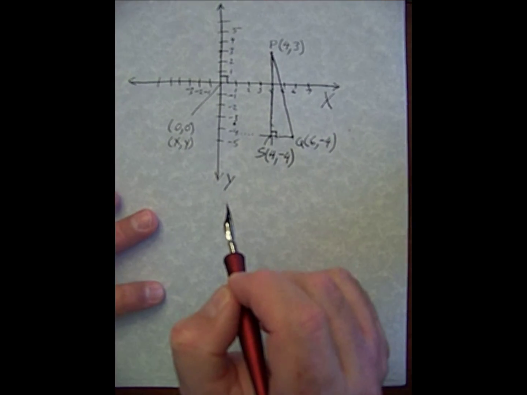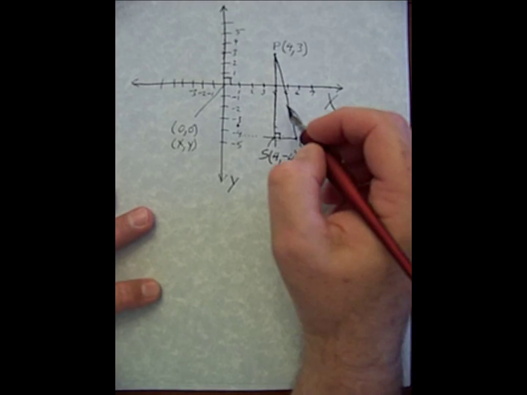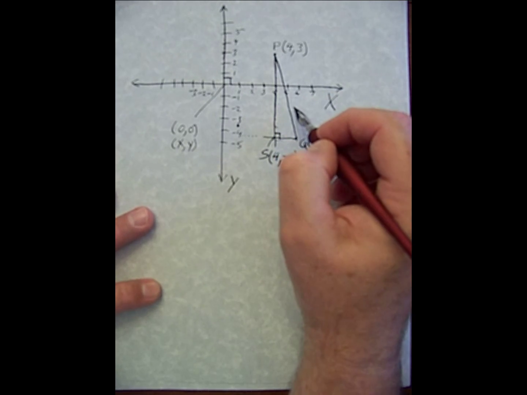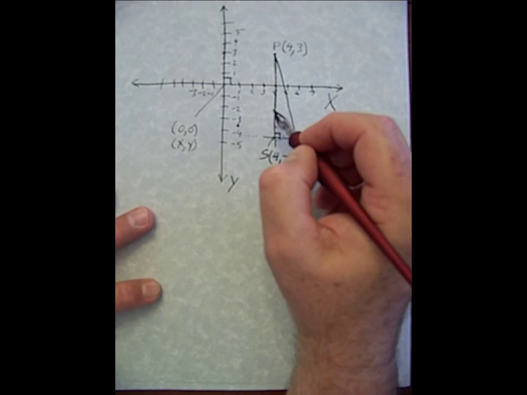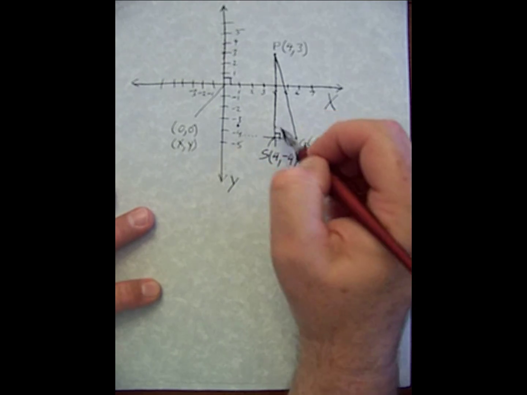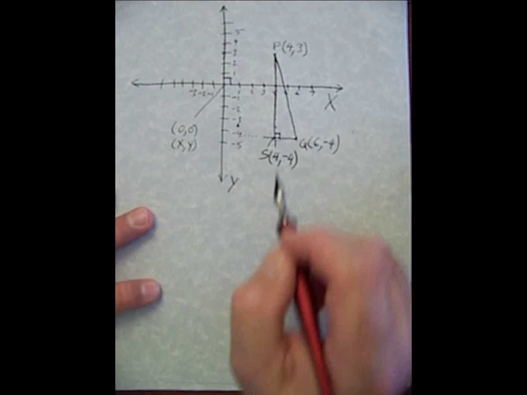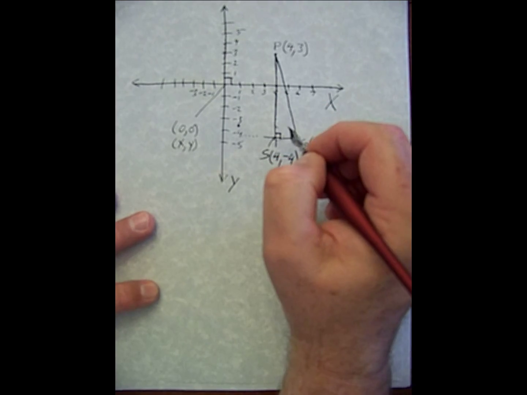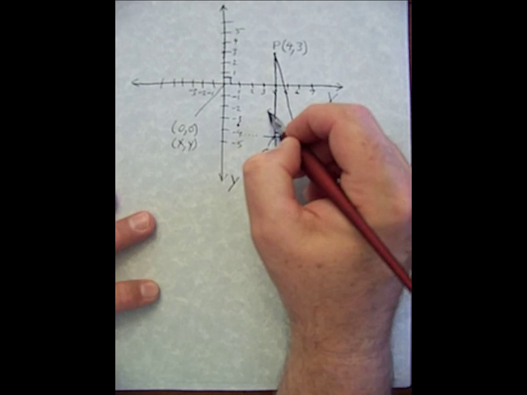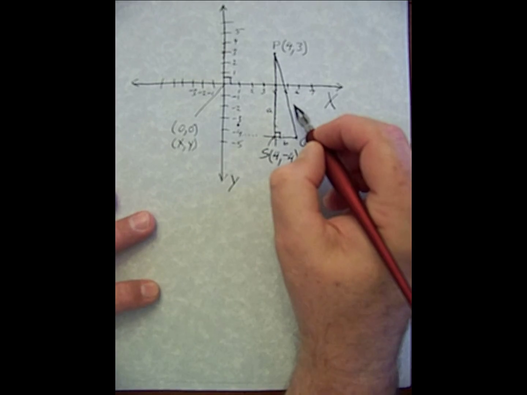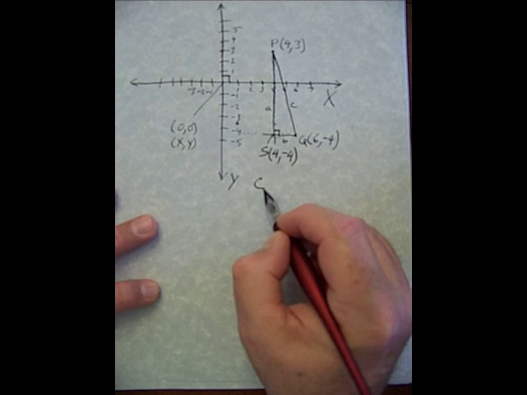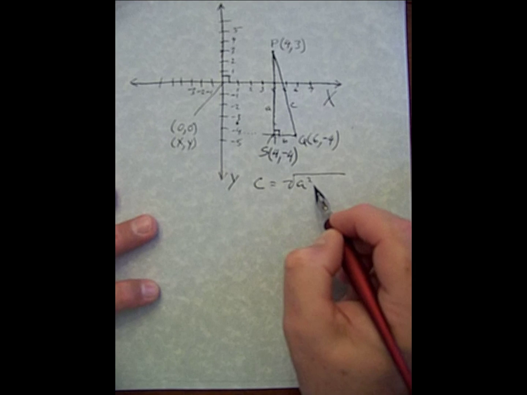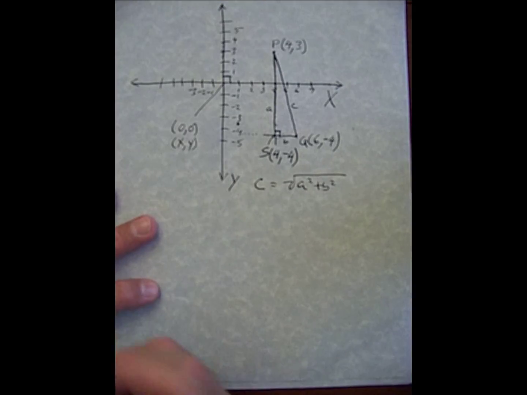And we remember from simple geometry that in a right triangle, the length of the hypotenuse is equal to the square root of the sum of the squares of each side. So let me just call this A, B, and C. So we know from geometry that C is equal to the square root of A squared plus B squared.